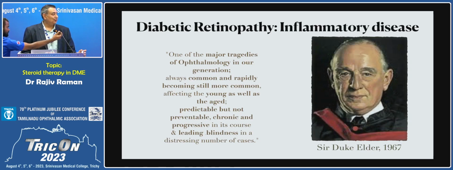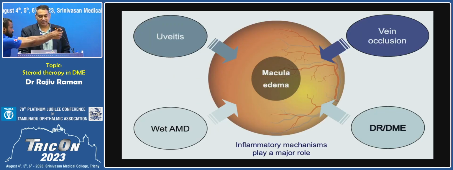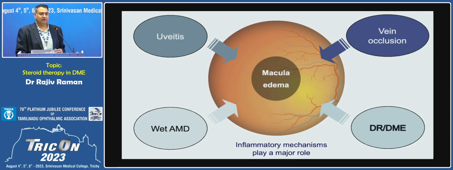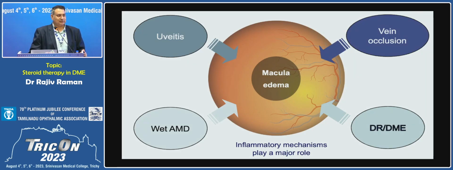So there are a couple of good points which Duke Elder talks about diabetic macular edema and diabetic retinopathy. And it's not only diabetic retinopathy, many other vascular conditions, even inflammatory ones like uveitis, wet AMD, vein occlusion, diabetic macular edema, all of them, there are inflammatory mechanisms which play a role.